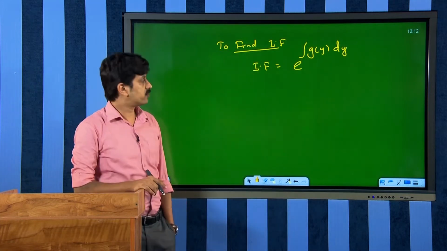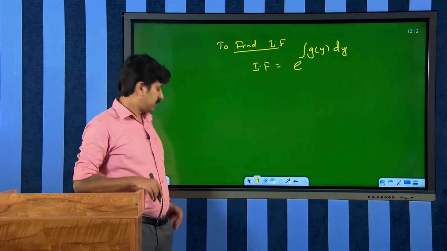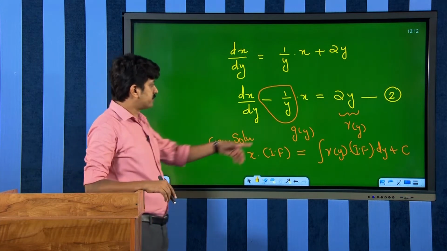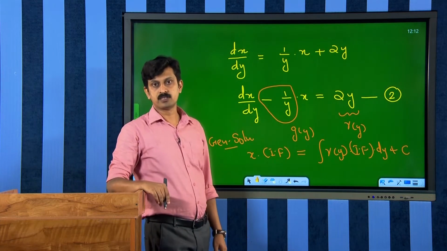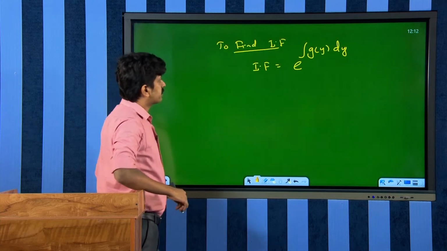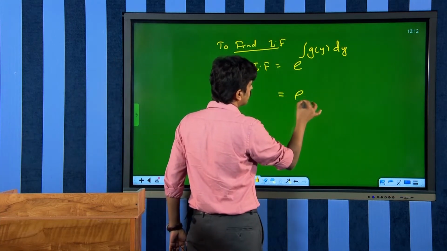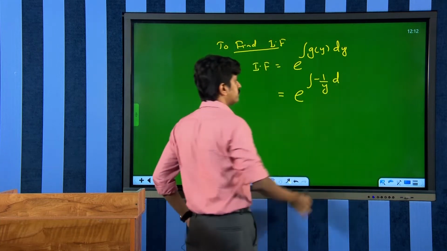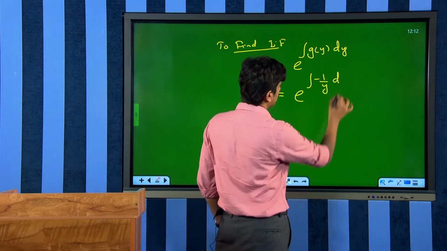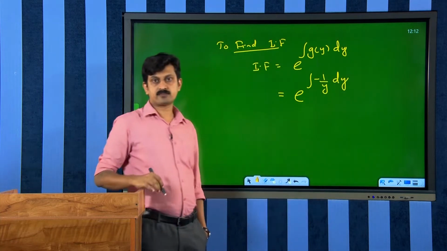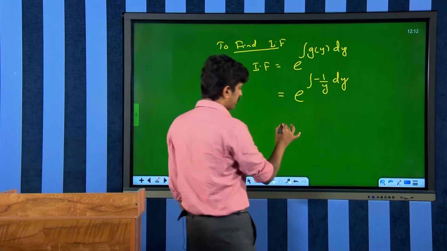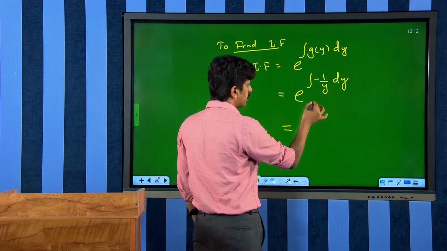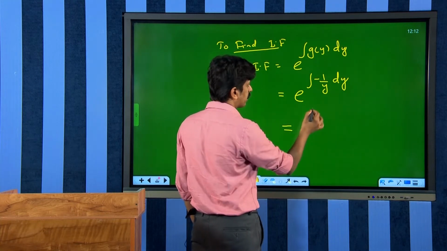Going back, g of y is minus 1 by y. So we have this equal to e raised to integral of minus 1 by y dy.